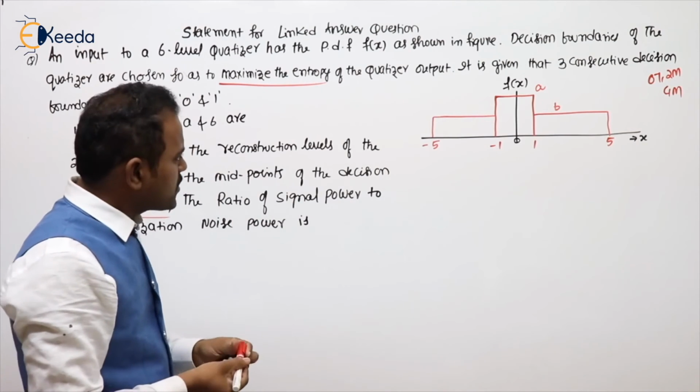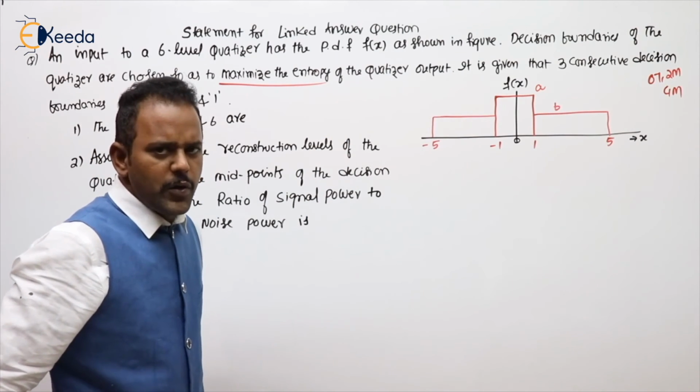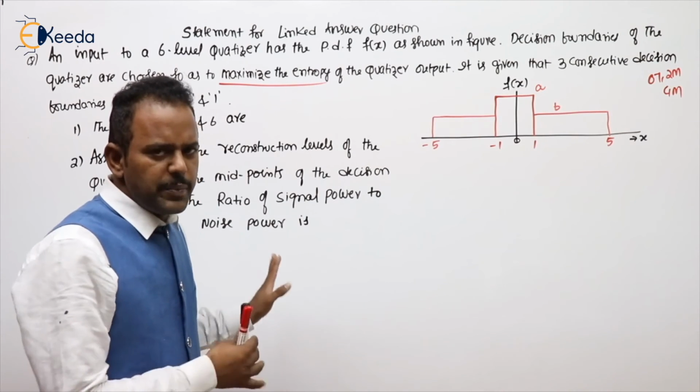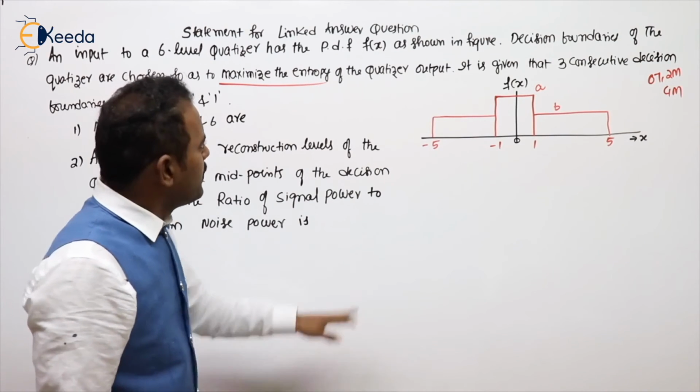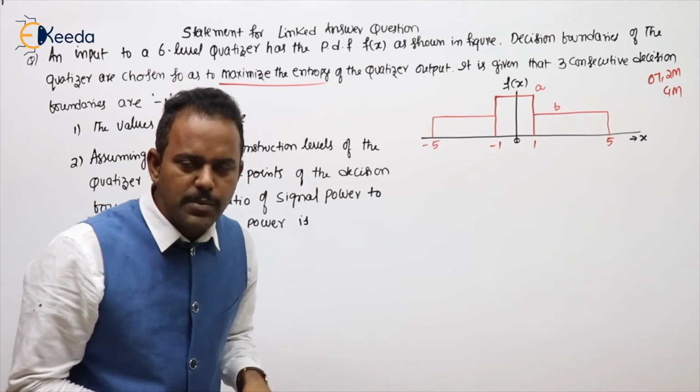If you see, the first question is asking what are the A, B values. Even if you don't know the concept of this PCM, you can solve it, because he has given maximize the entropy. When will entropy be maximum?